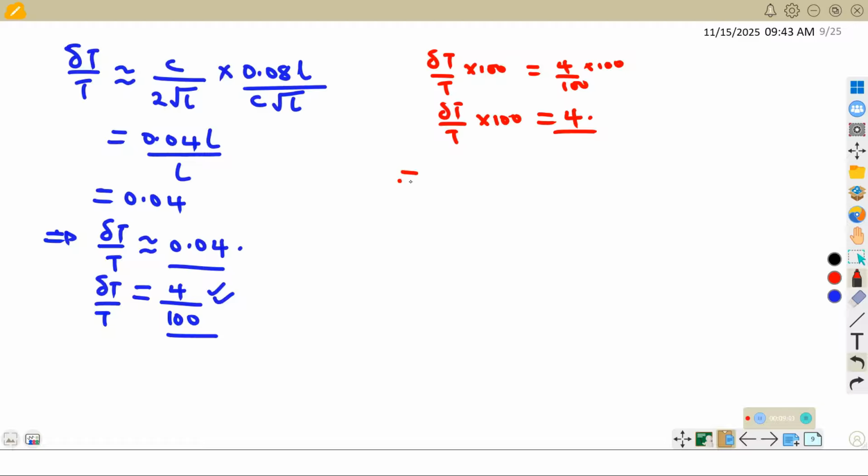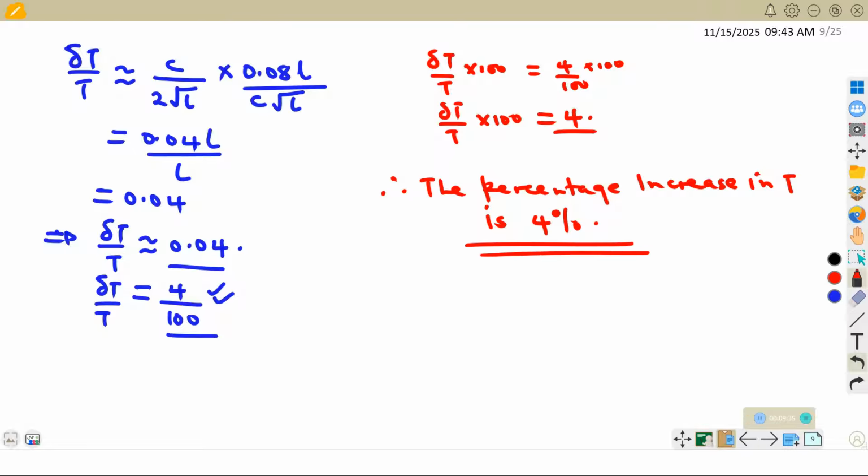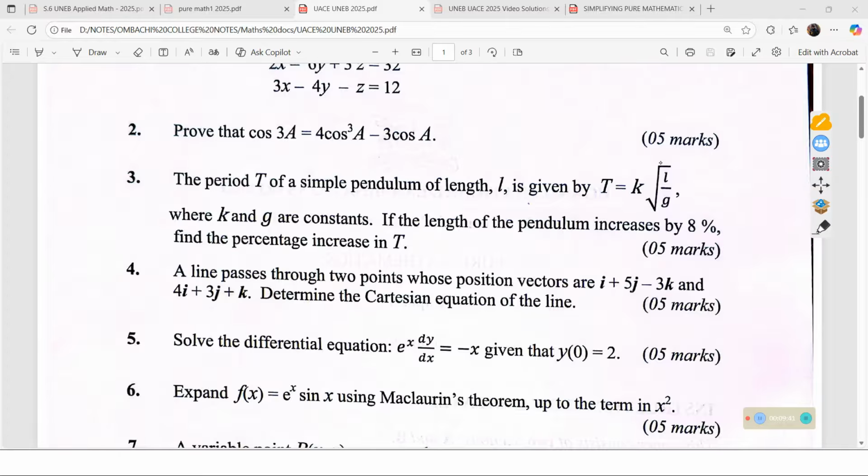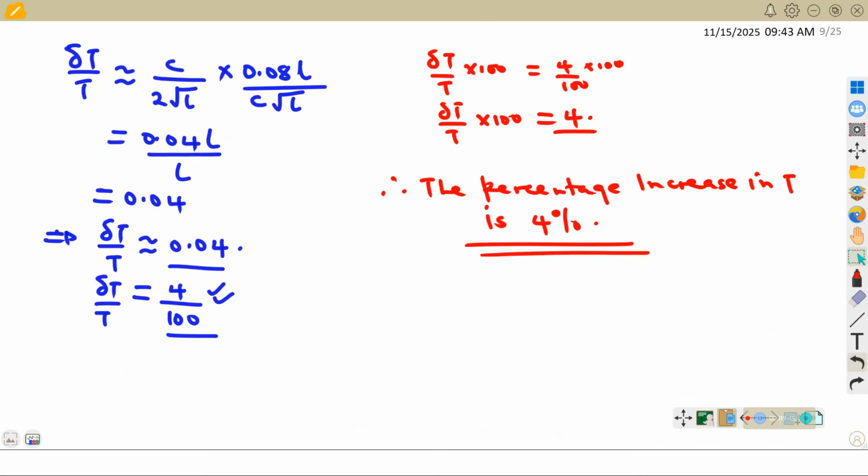Therefore, the percentage increase in t is 4%, and that means our question number 3 will also be answered.